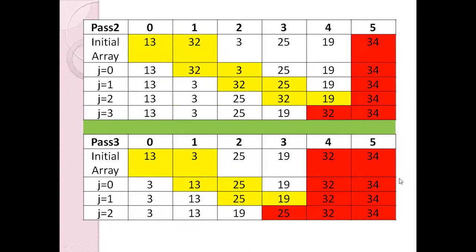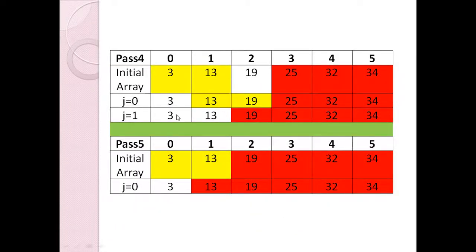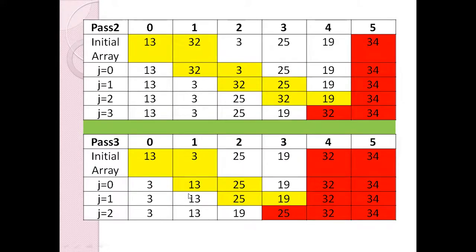In this example, you can wonder why I am running pass 4 and 5 when the elements are sorted after pass 3. So here you see that in pass 3 all the elements are sorted, but I am also running pass 4 and pass 5. Why is this required? In this example, coincidentally, after running pass 3, all the elements are sorted, but it is not always the case.